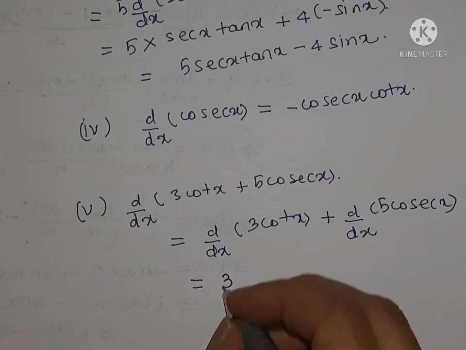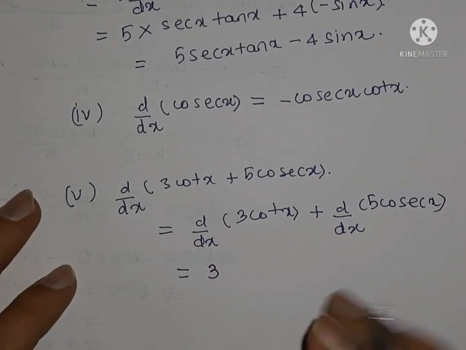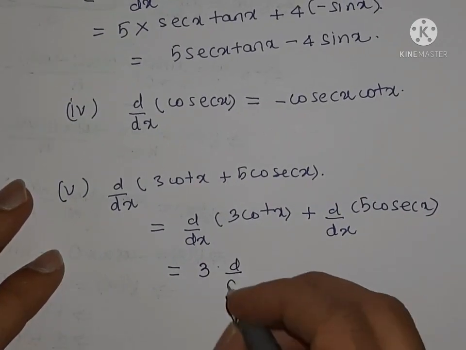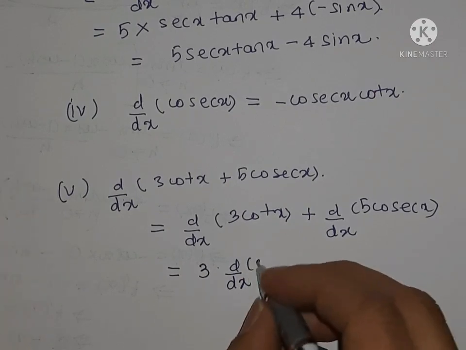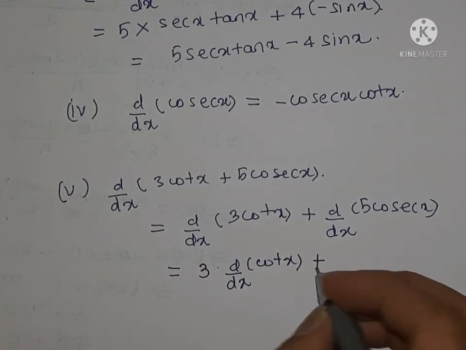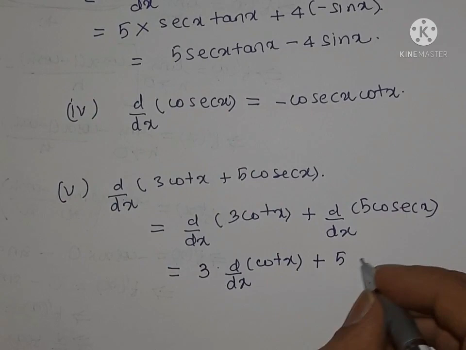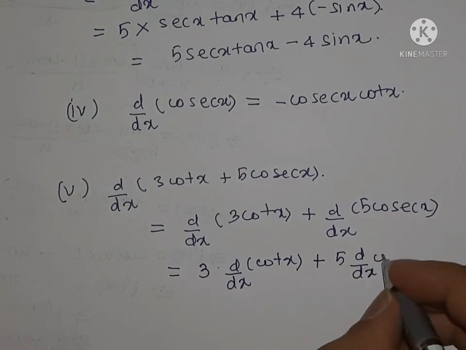This will be equal to 3 will come out of the derivative, so 3 times derivative of cot x plus 5 times derivative of cosec x.